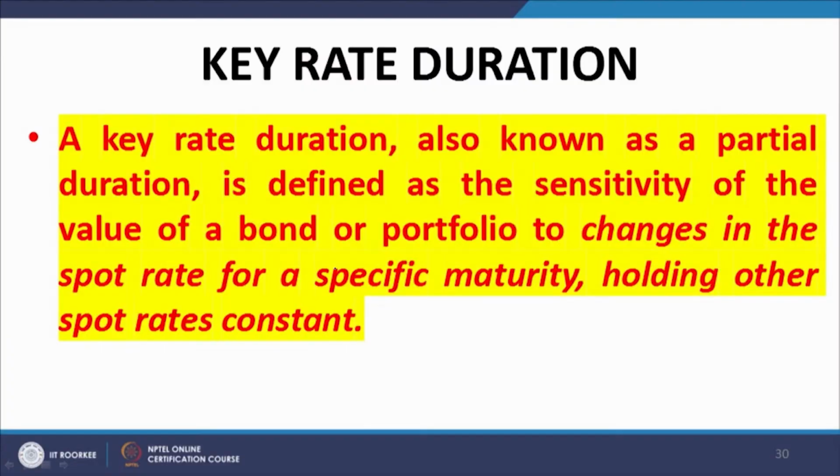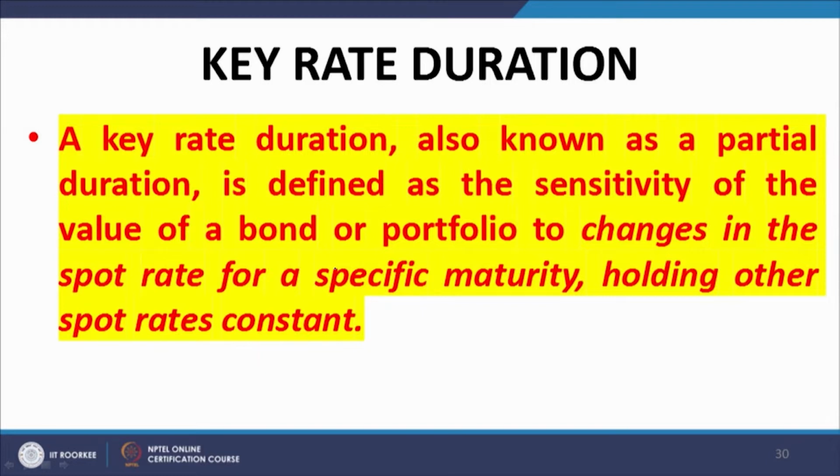So, that is where the importance of key rate duration comes into play. So, what is key rate duration? Key rate duration, also known as partial duration, is defined as the sensitivity of the value of a bond or portfolio to changes in spot rate for a given maturity, holding all other rates constant.